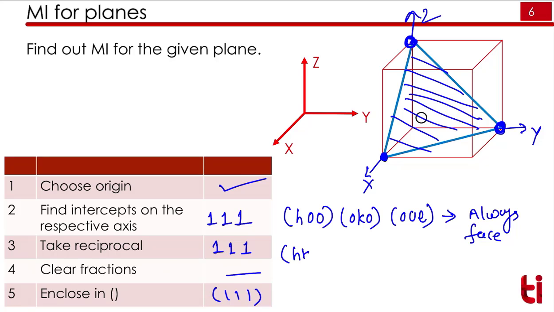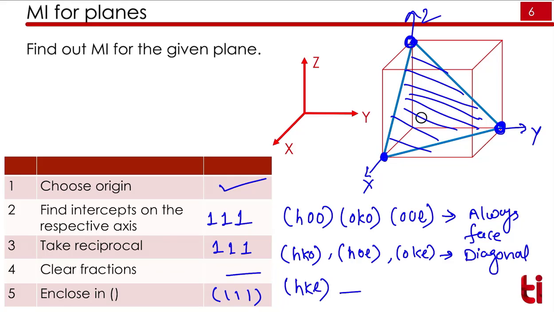If the Miller indices is h k 0, h 0 l or 0 k l, then it will be along the diagonal, and if h k l all three are given, then the plane will always be a triangle. You can always use this technique to cross check whether you have found the Miller indices correctly or not.